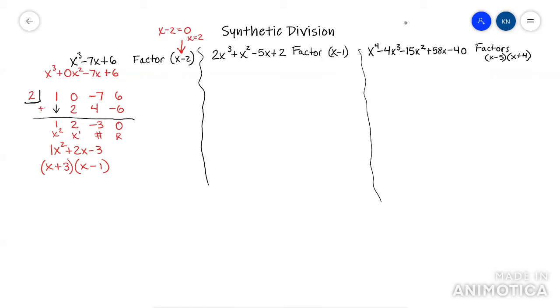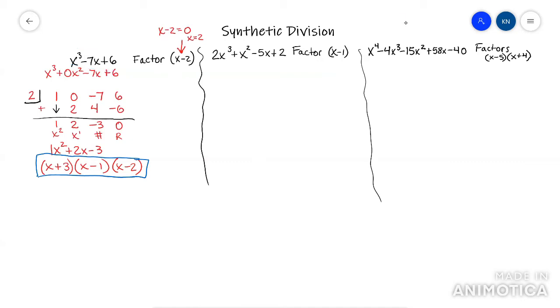So my answer, if I wanted this completely factored, would be these two and the original factor that they gave me, x minus 2. Like that. This blue box would be my answer of this equation completely factored. All right, let's look at another one.